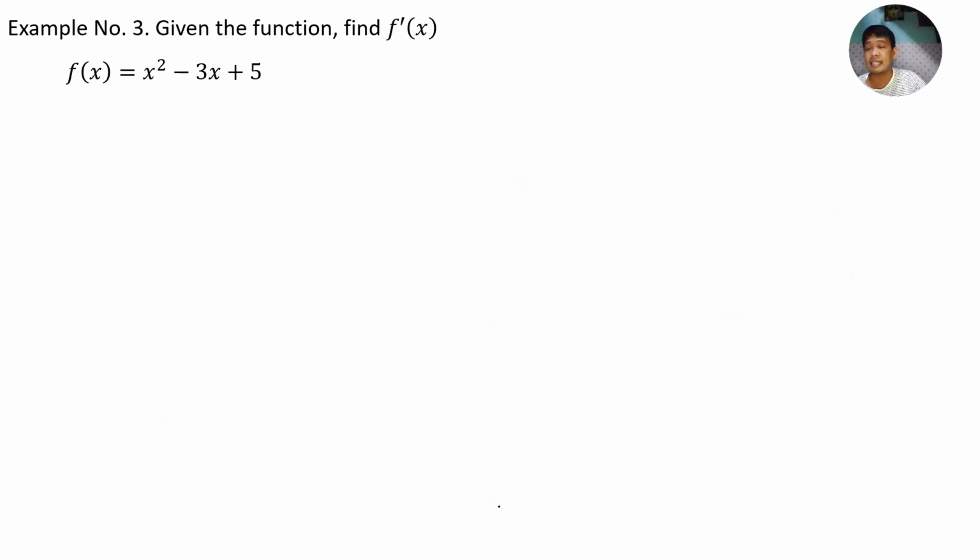Given that f of x is equal to x squared minus 3x plus 5, find f prime of x. Again, by definition, we will use the limit to find y prime or f prime of x as delta x approaches 0 of f of x plus delta x minus f of x all over delta x.